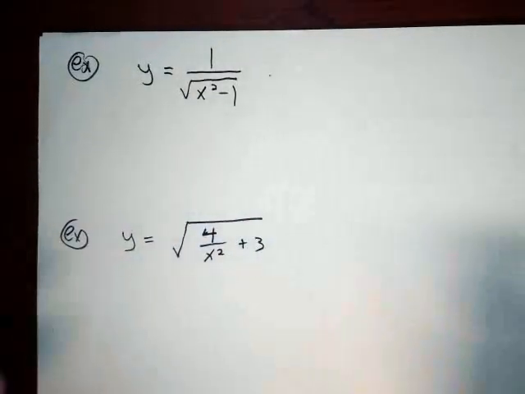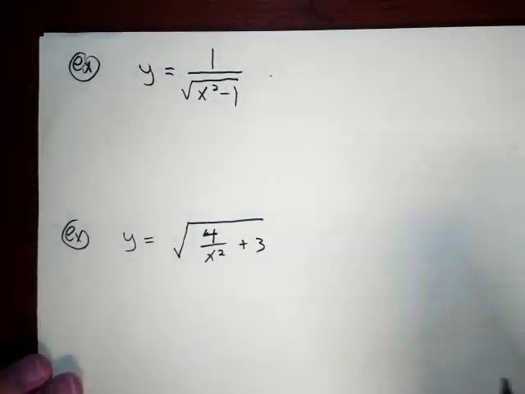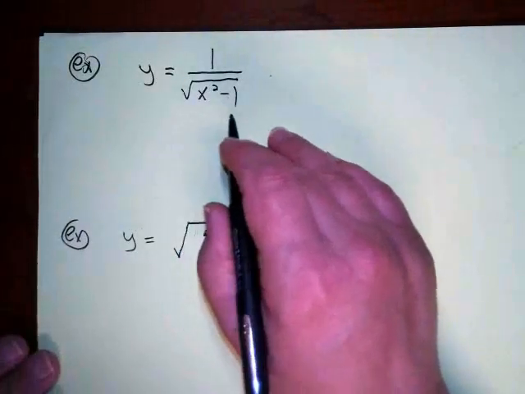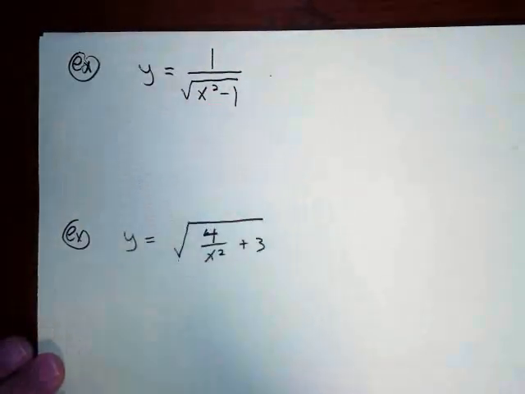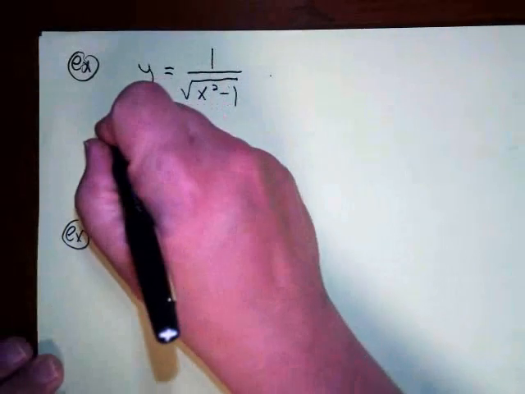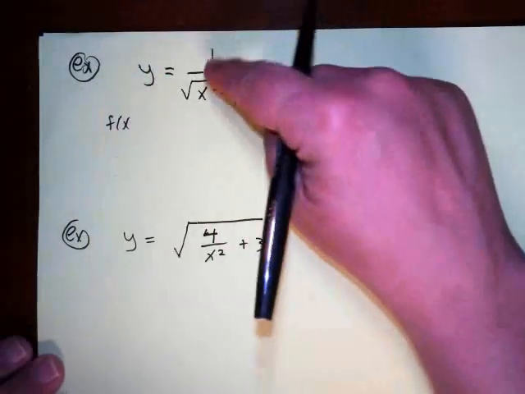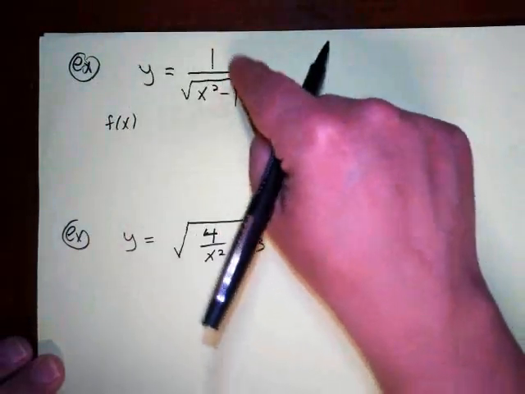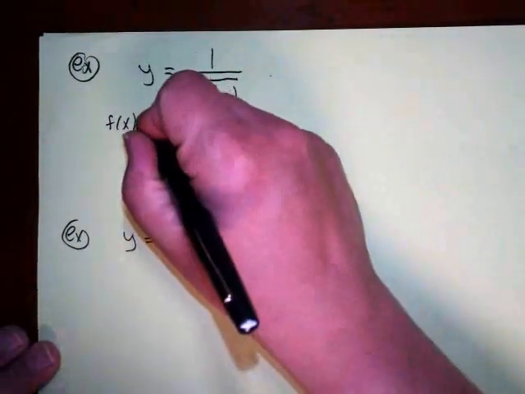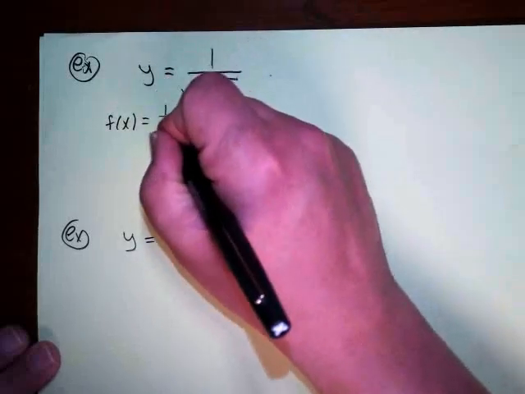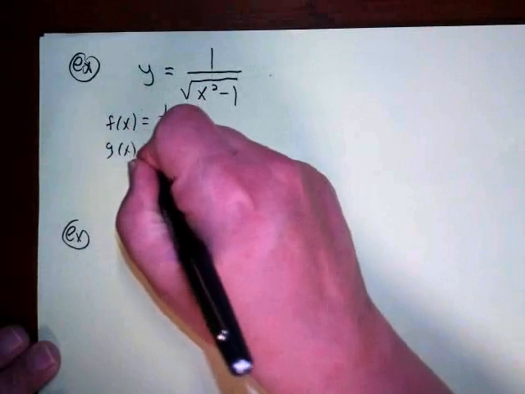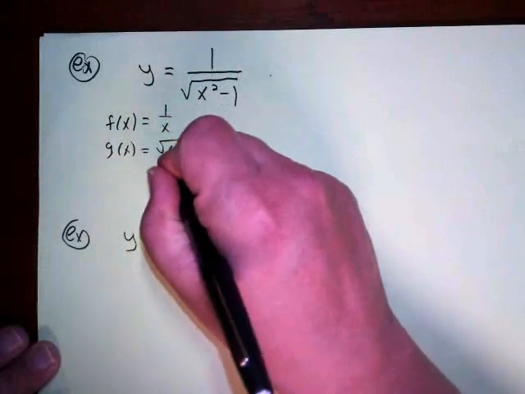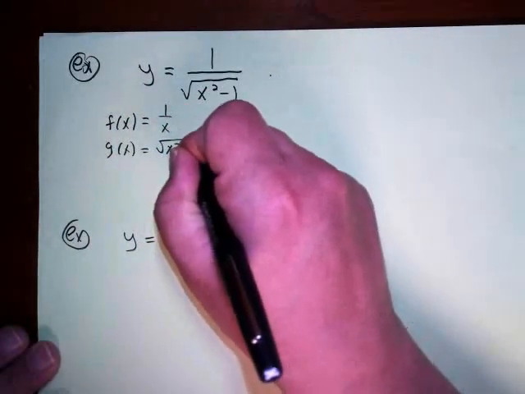And there's more than one way to do this. Okay, so let's actually break this up in several different ways. So for example, like this one here, I could have like my outside function, we'll let f of x be the very outside function, and I could have that be 1 over x, and I could have my g of x be x squared minus 1.